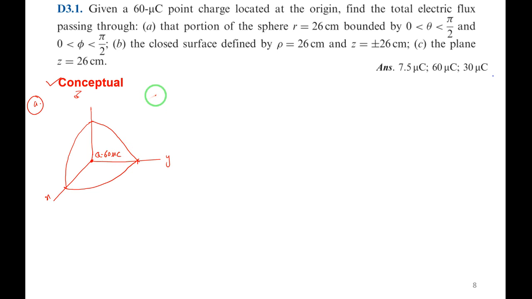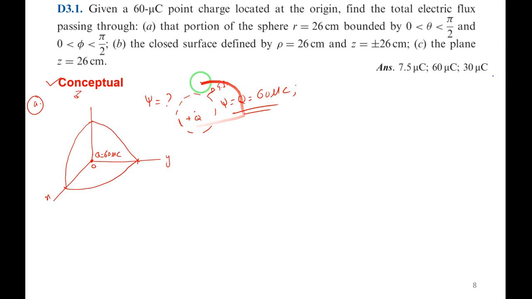What they have asked is to find the total electric flux psi. But this charge Q is at the origin, at the center. Suppose the charge Q is enclosed in this complete sphere, a Gaussian surface, an imaginary surface, then psi is Q only, that is 60 microcoulomb.